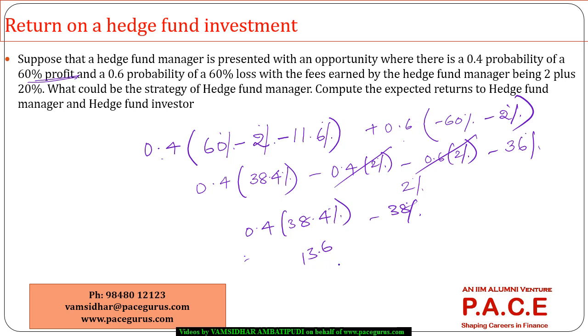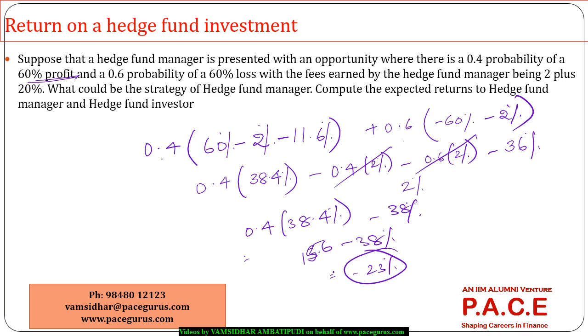13.6%, or 15.6% minus 38, resulting in a minus 23 percent or so in case the investor has invested. From the hedge fund investor's perspective, it's a big loss to him, right?